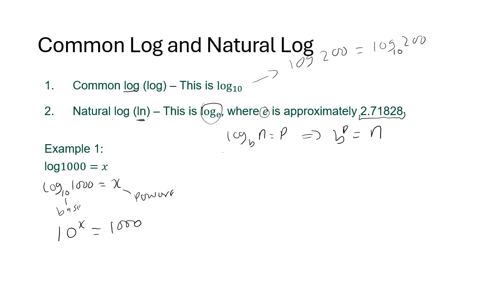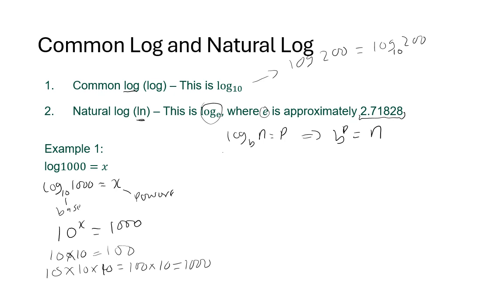Then we can try maybe 10 times 10, since 10 raised to power x is 10 times itself. 10 times 10 is 100. This is not 1000. Then we can add another 10: 10 times 10 is 100, times 10 is 1000.